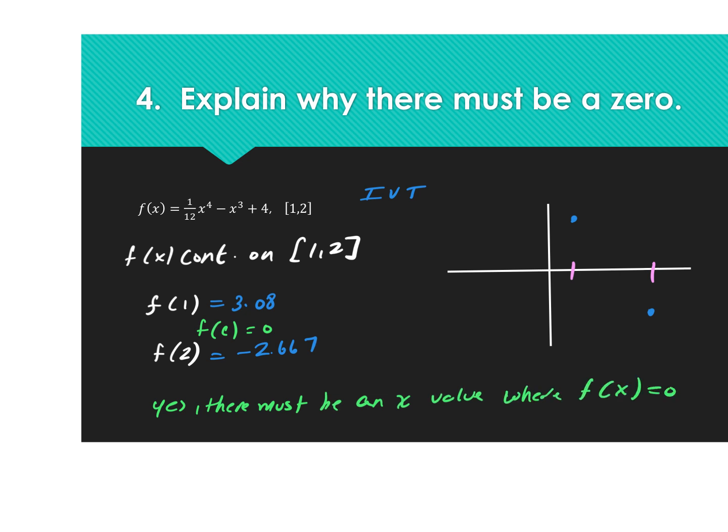And we would say by IVT, because f of 1 is greater than 0, f of 2 is less than 0, so therefore it must cross the x-axis. That was a little wordy, but if you need to include continuity, you need to include that one's higher and lower than 0, so therefore there has to be a value because it is a continuous function.